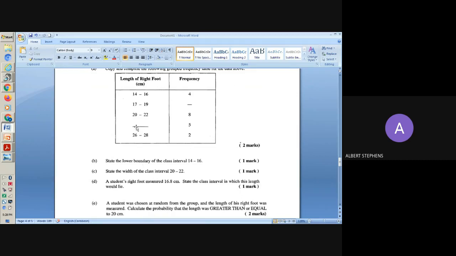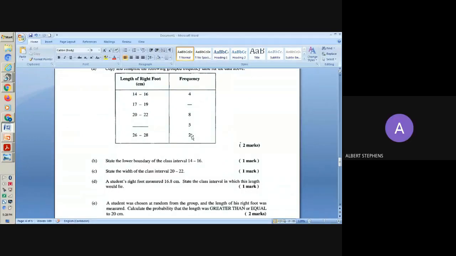So here we have 20 centimeters. So greater than or equal to 20 centimeters would be 8 plus 5 plus what? 2. So in other words, 15 students' right foot measure greater than or equal to 20 centimeters. Would you agree? Yes, sir.